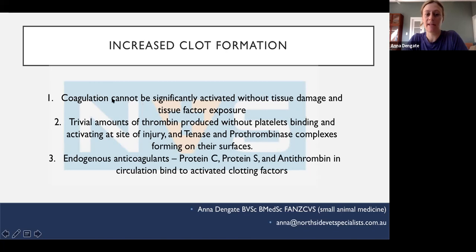Coagulation cannot be significantly activated without tissue damage and tissue factor exposure. We've got trivial amounts of thrombin only being produced without the platelets, so we can't get 10a and prothrombinase. So if we don't get platelet binding or activated platelets at the site of an injury, we're not going to get significant thrombin. And then, like Max said, the endogenous anticoagulants will mop up any activated clotting in circulation.